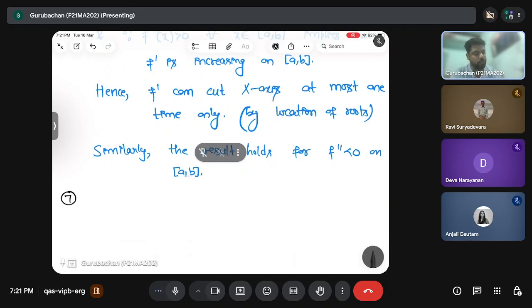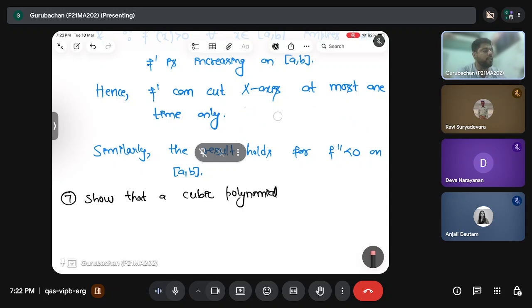Now the next question is, show that a cubic polynomial, you do not need to write this, you can directly have at most three real roots.